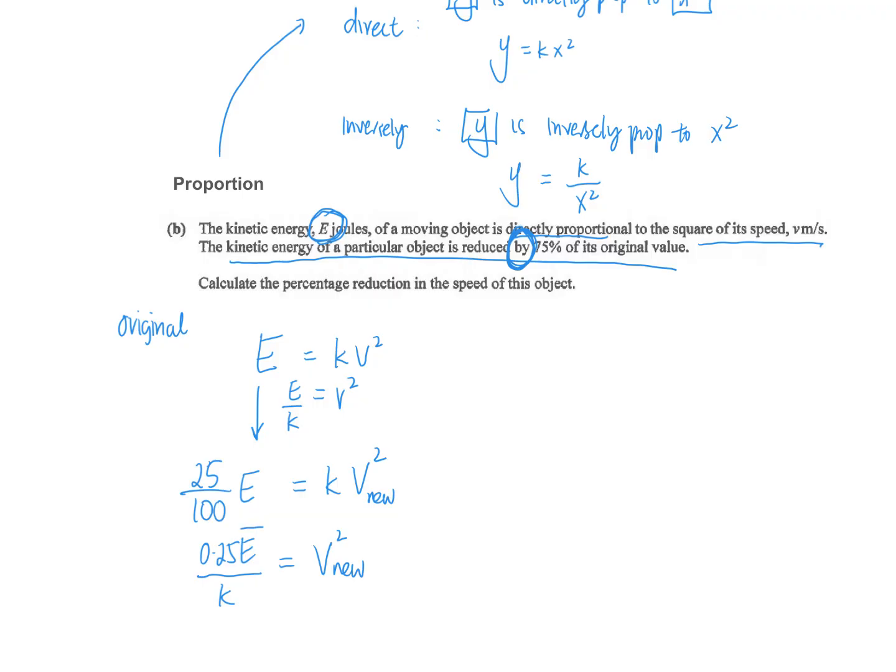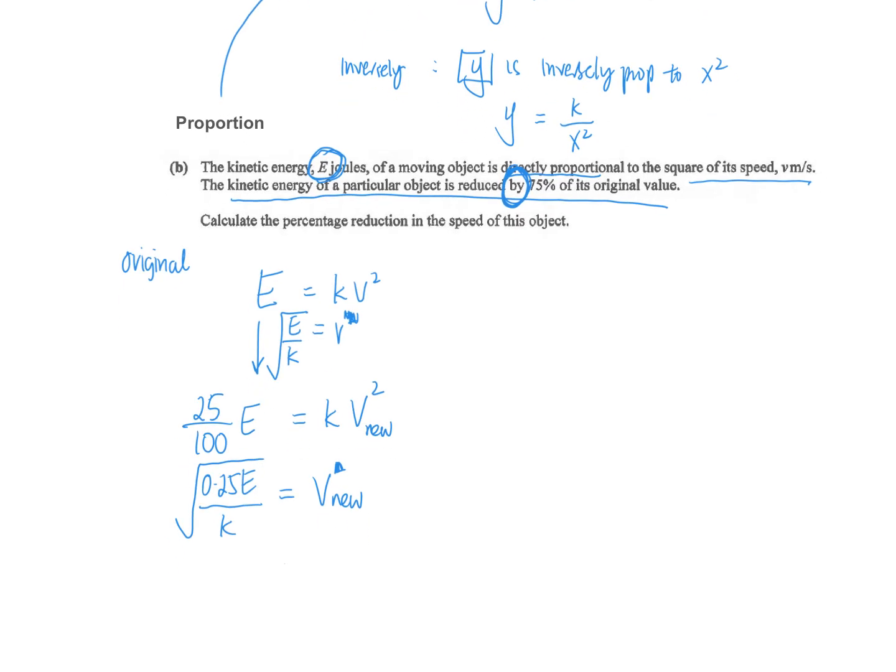But to find it, I need to square root, right? If not, I cannot find speed. So I square root. So what do you think is the change in the speed? What is square root of 0.25? Can you all check the calculator? What is square root of 0.25? Is it 0.5? So you will end up with 0.5.